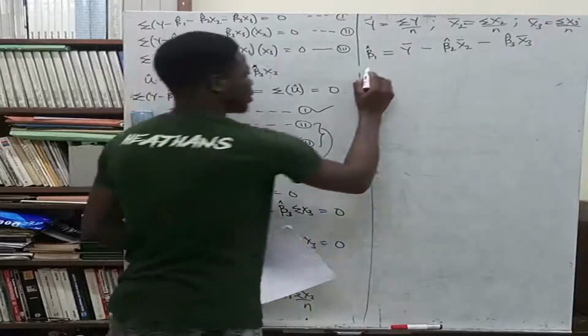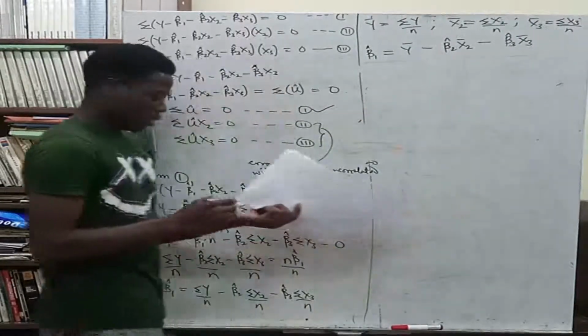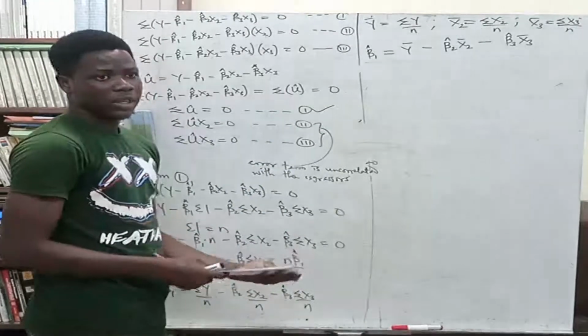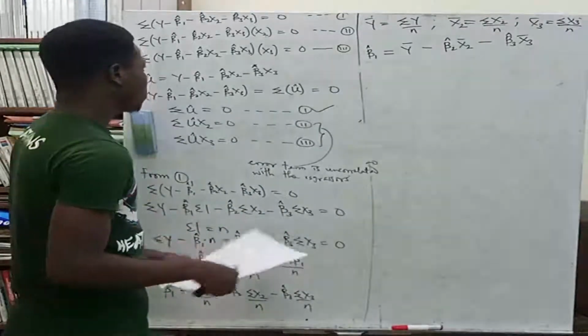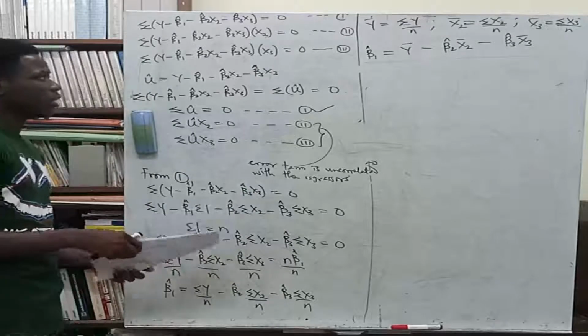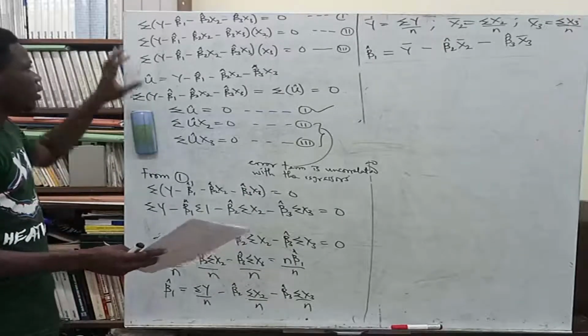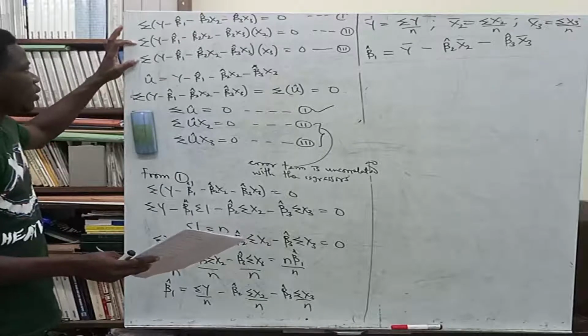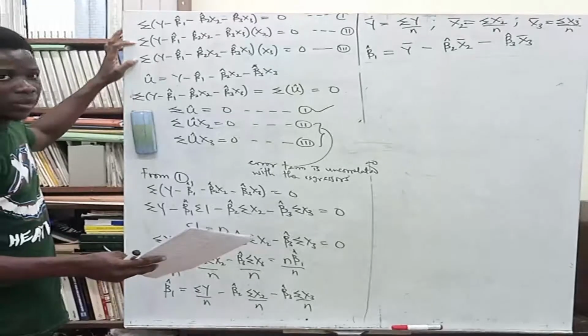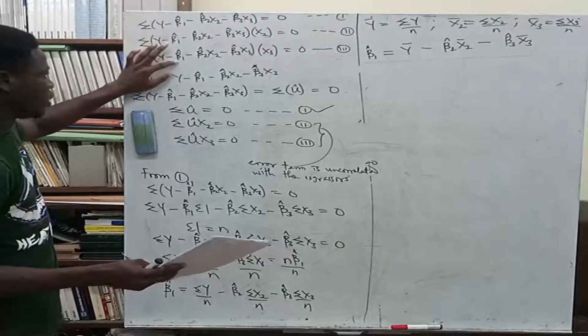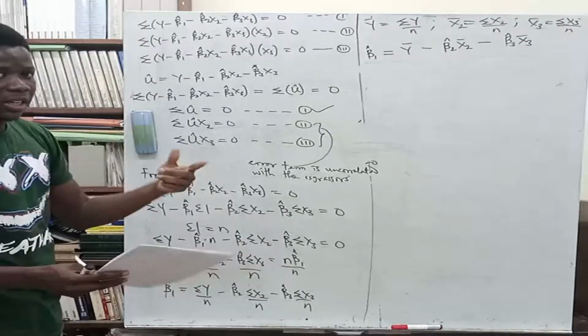So this is the estimator for beta 1, and that is the formula. To get beta 2 and beta 3, it will give us a little bit of problem. Why? Because we have beta 1 in this and beta 1 in this. So we're going to come up with an assumption.